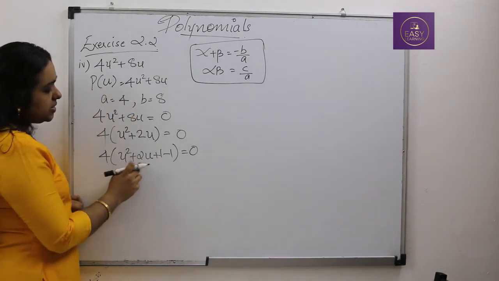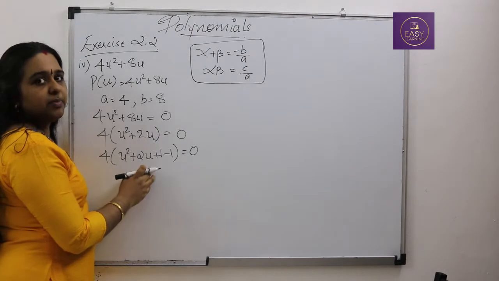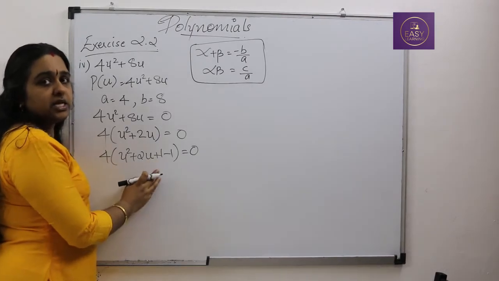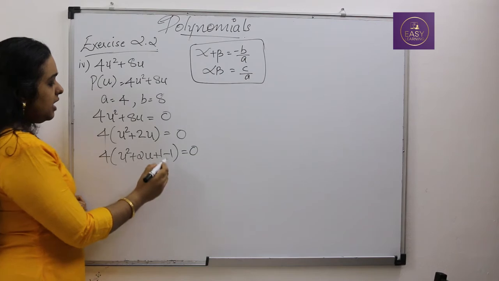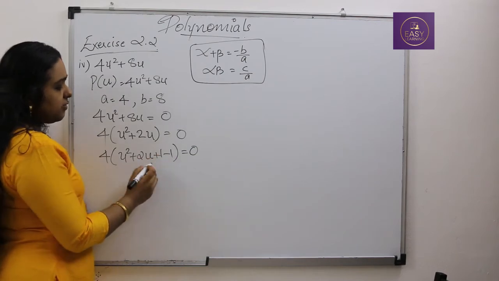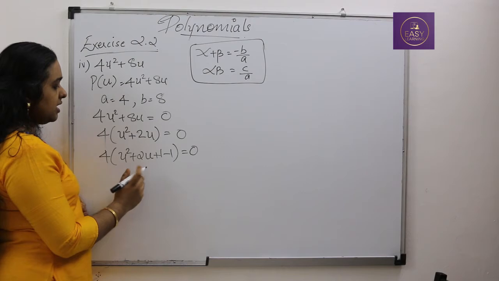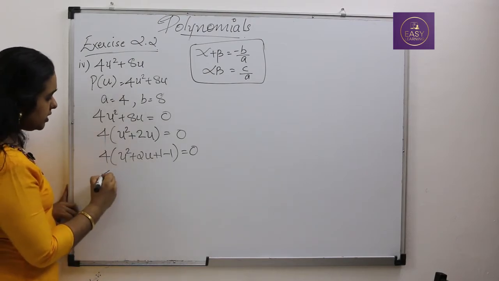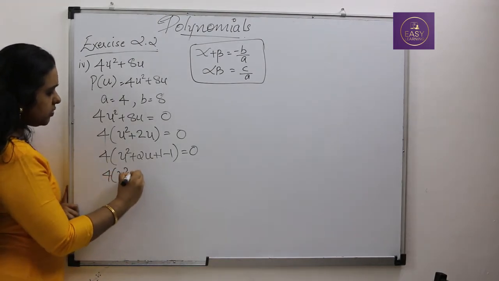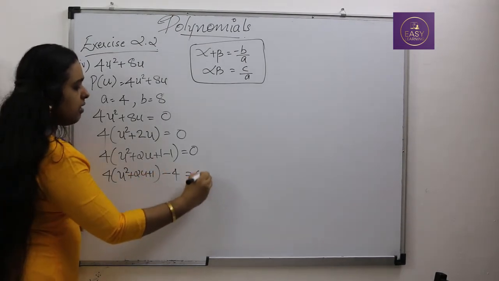4 into u square plus 2u plus, because we know that a square plus 2ab plus b square is a plus b the whole square. We have studied that identity. So in order to get that, I just added and subtracted 1. Plus 1 minus 1 is 0. Then this is 4 into u square plus 2u plus 1 minus 4.